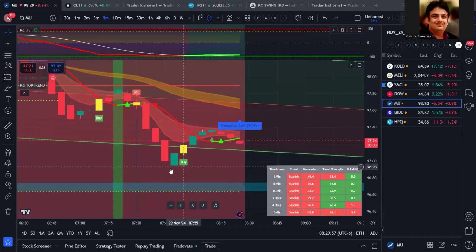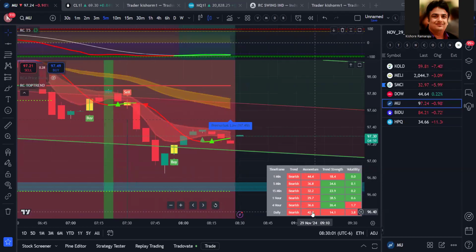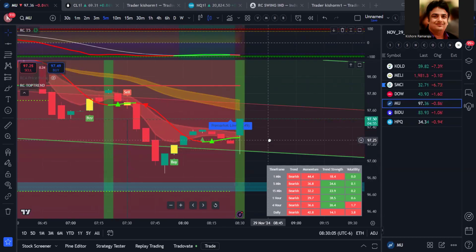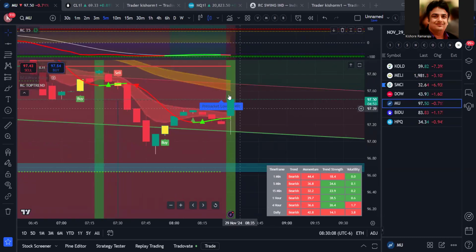For example, it may go a little bit up and I may get a sell. This is completely bearish. This is bearish. So there can be a nice opportunity, you can do puts, you can make nice profits.